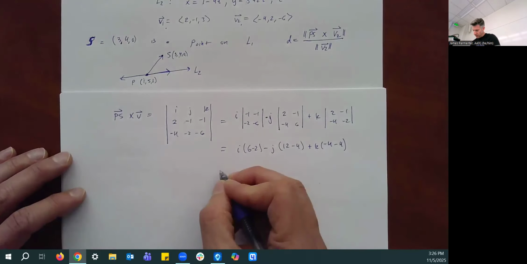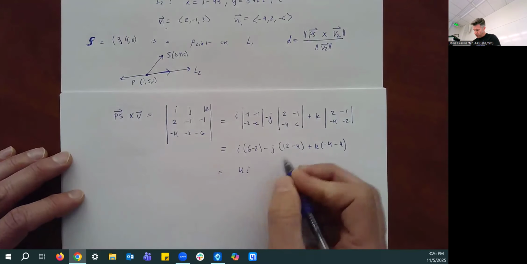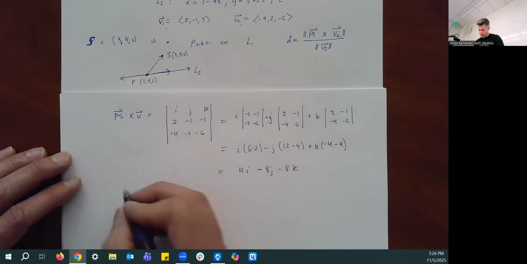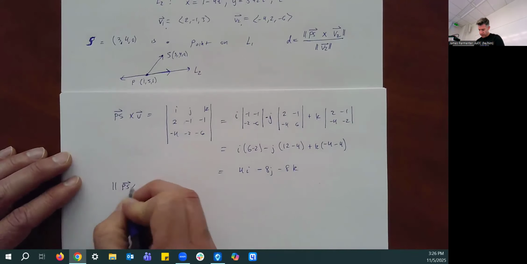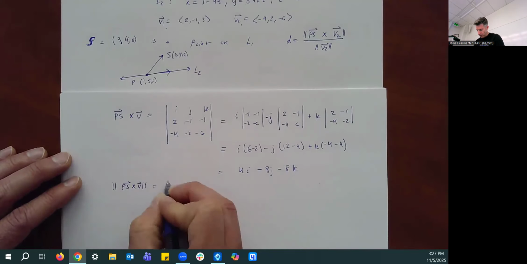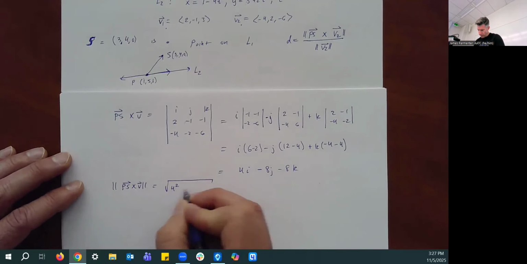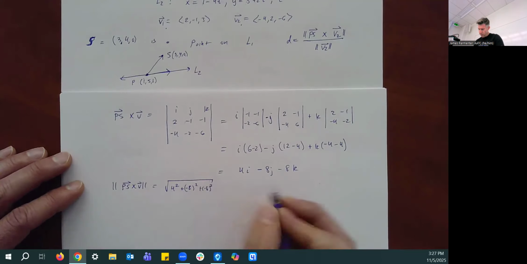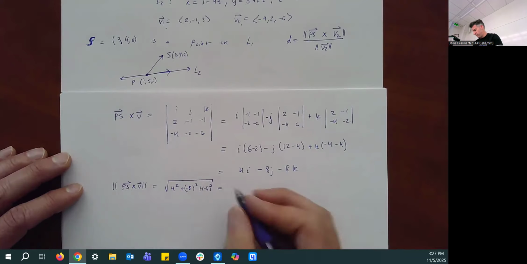So our PS cross V is equal to 4i minus 8j minus 8k. Then we're going to want the magnitude of that. The magnitude of PS cross V is going to be the square root of 4 squared plus -8 squared plus -8 squared, which is what, 144, I think.